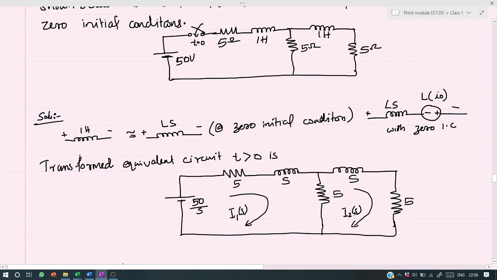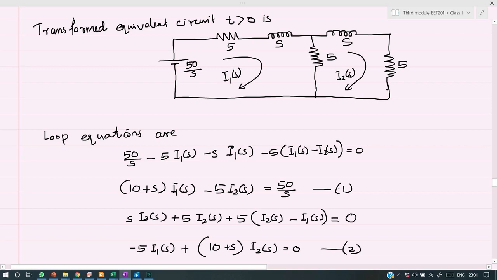As seen here, there are two meshes. Let mesh 1 current be I1 of S and mesh 2 current be I2 of S. For mesh 1, applying KVL, the loop equation becomes 50 by S minus 5 into I1 of S minus S into I1 of S minus 5 into I1 of S minus I2 of S is equal to 0.